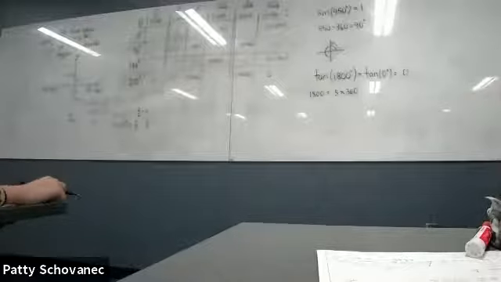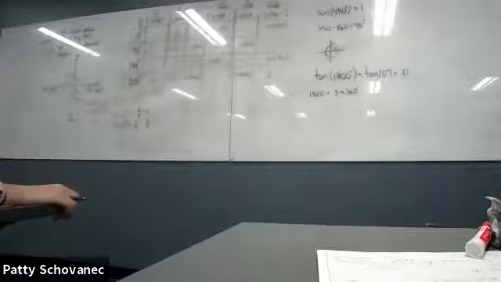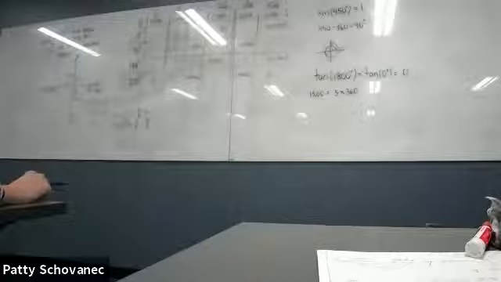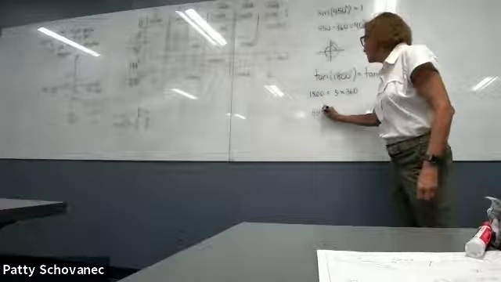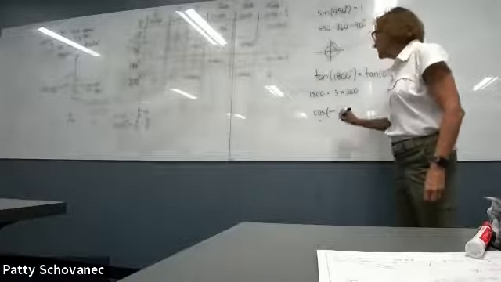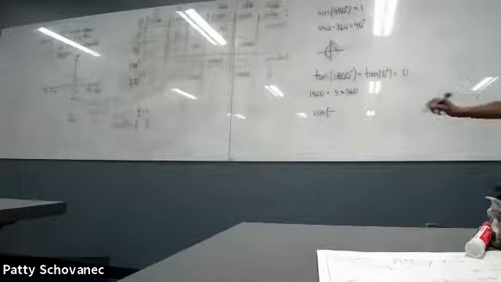One more. How about the cosine of a negative something? How about a negative 900?